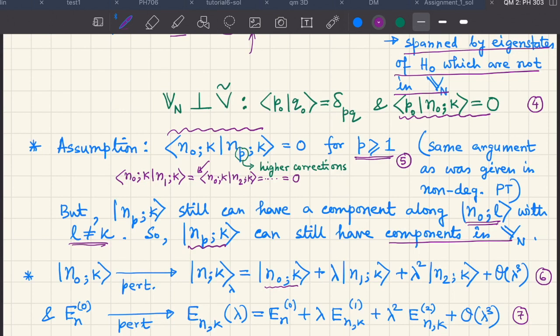Similarly, the perturbation will give us some correction to the energy, which can be written as En naught, these were the unperturbed energy values, then lambda En comma k 1 plus lambda square En comma k 2 plus order lambda cube.